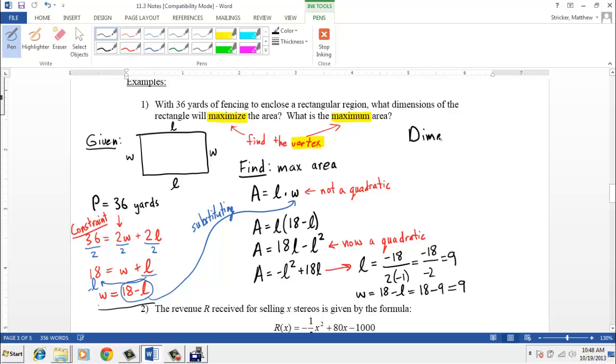The dimensions that maximize area are 9 yards by 9 yards, which gives a maximum area of 9 times 9, or 81 square yards.